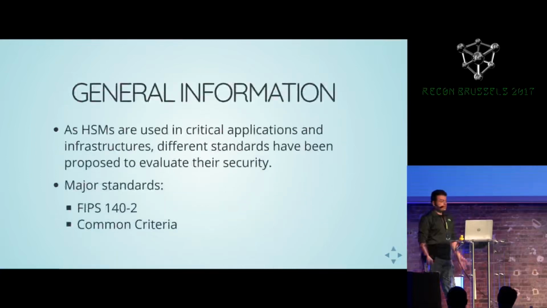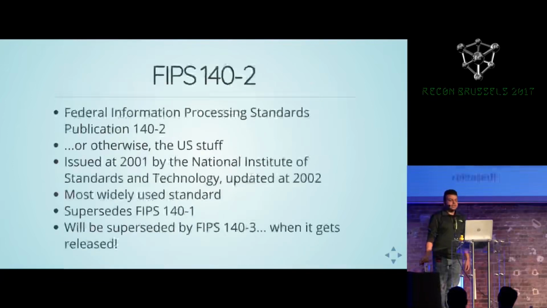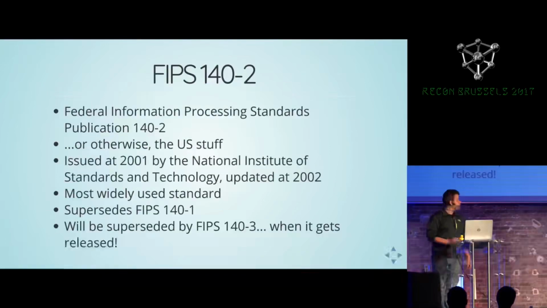As HSMs are used in critical applications, as we said before, there are a lot of standards that have been proposed to evaluate the security. The major ones are FIPS 140-2 and the Common Criteria. FIPS 140-2, the full name is the Federal Information Processing Standard Publication 140-2, and it's the US stuff.